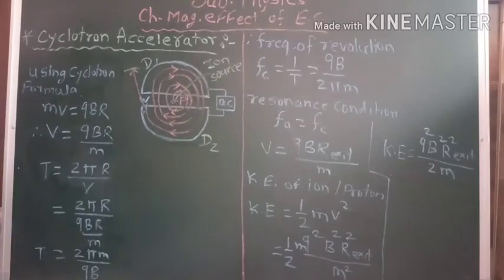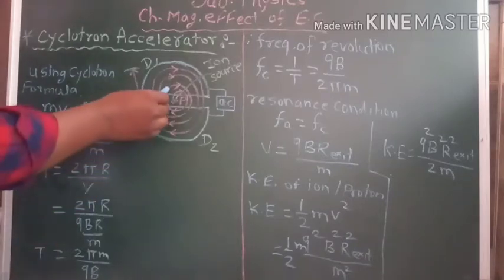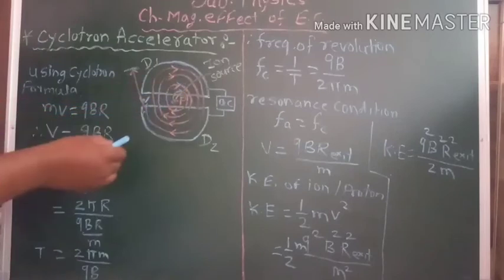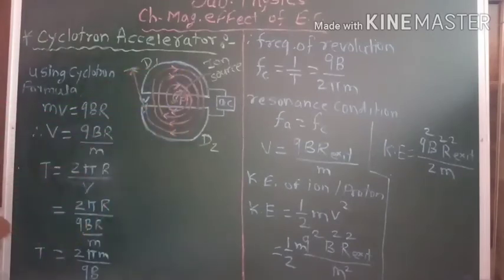Then once the ion is emitted, when the crossed electric and magnetic field is applied between these two Ds at point P, the ion moves from one D to the other D. Because of the electric field, it provides acceleration to the positive ion, and the magnetic field is for the direction.